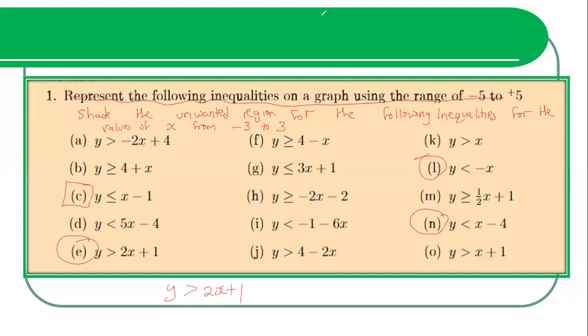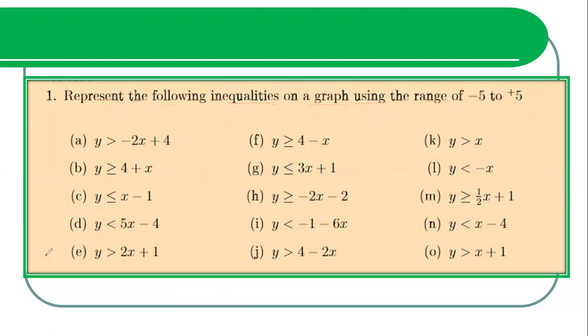When you find greater than or equal, or less than or equal, it is always a borderline. The equal means that, like when I say y is greater or equal to 2, your solution includes 2, 3 and the rest. 2 is part of the solution, so to show that, we use a borderline. Then for less than or greater than, these open ones, we use the dotted line. Understood? Yes, teacher. Okay.